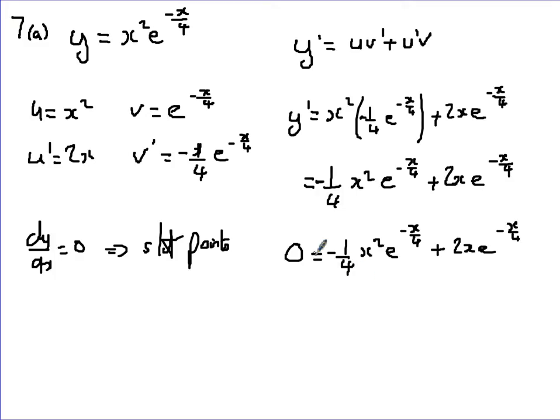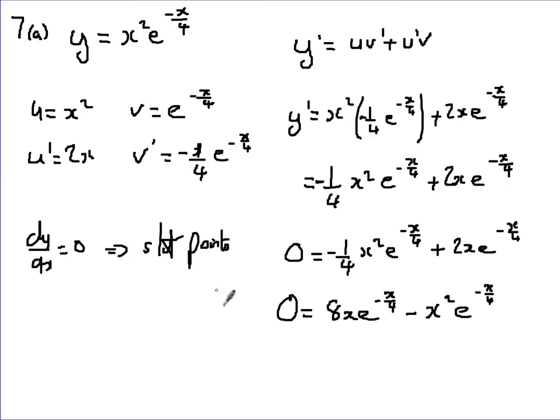So I can times by 4 and get rid of that. So then that will give me 8x e to the minus x over 4 minus, and at this point, timesing by 4 means that's gone, so we've just got x squared e to the minus x over 4.